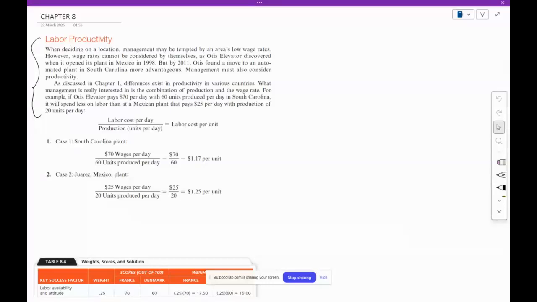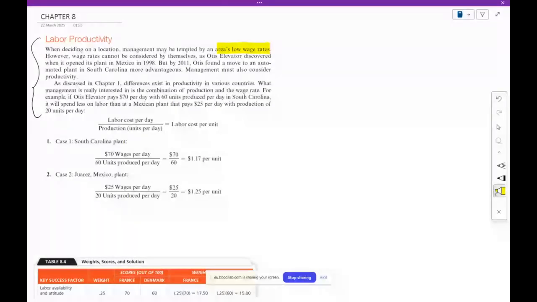So now, this productivity in the context of choosing a plant: when deciding on location, management may be tempted by an area with low wage rates. Right? So wages are something that you need to consider.